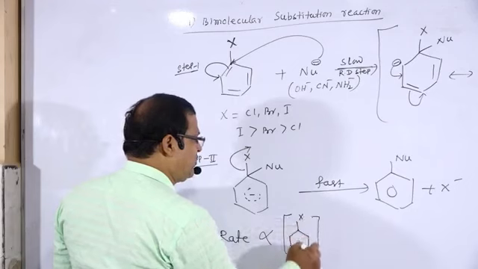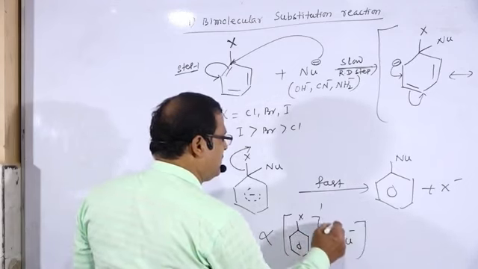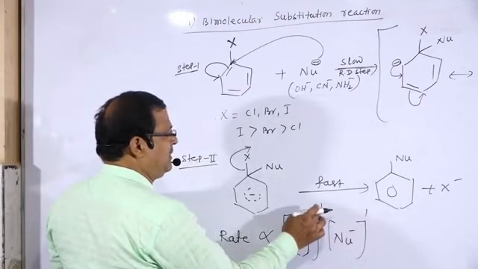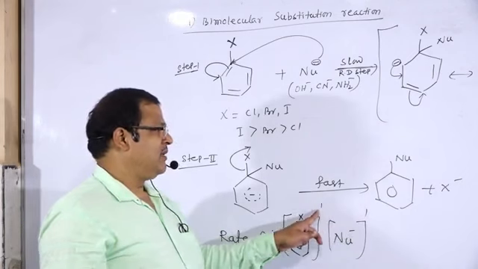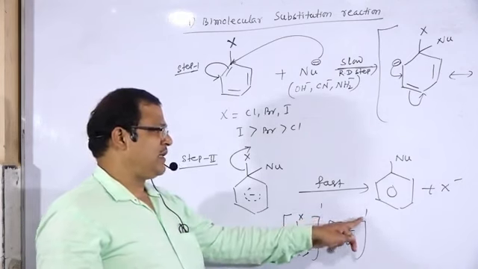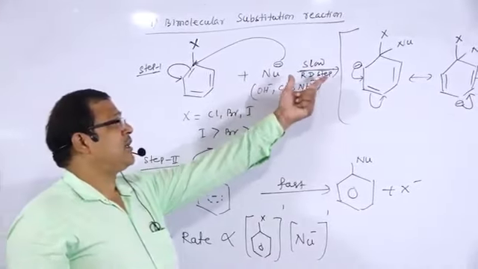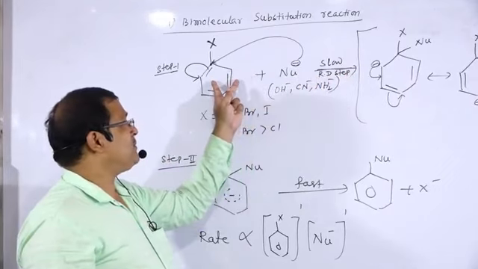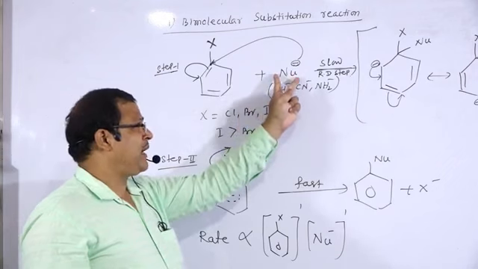The aryl halide is power 1 and the nucleophile is power 1, therefore the name is bimolecular reaction. So 1 plus 1 is 2, therefore the name is bimolecular. Because at the rate determining step, there is the involvement of two species, aryl halide and nucleophile.